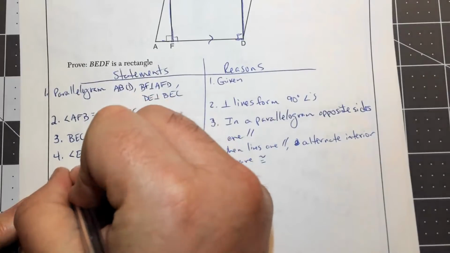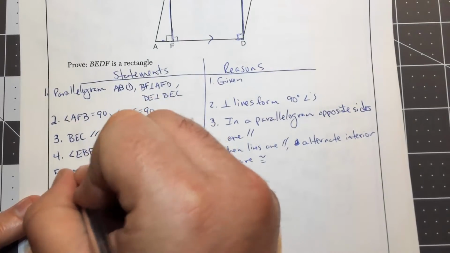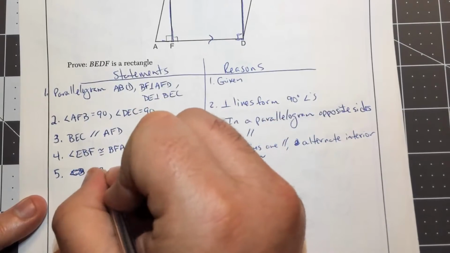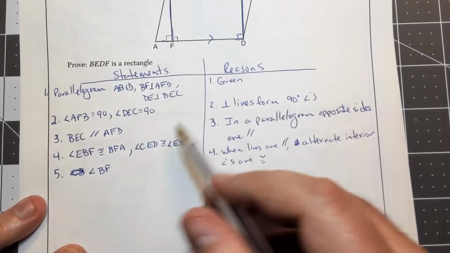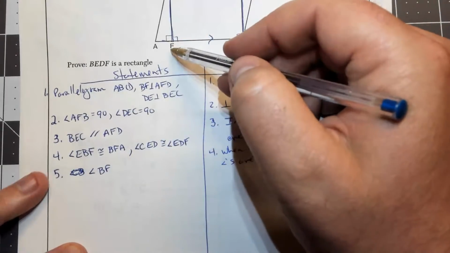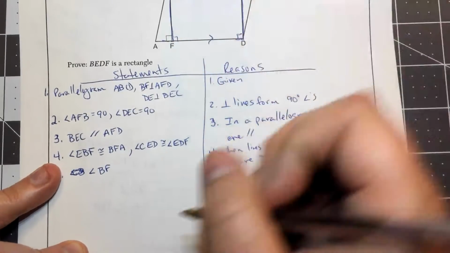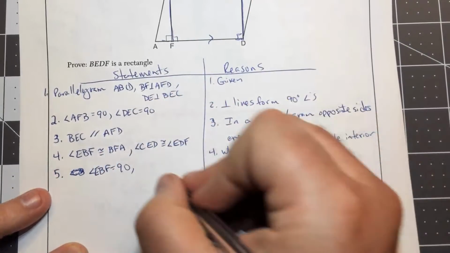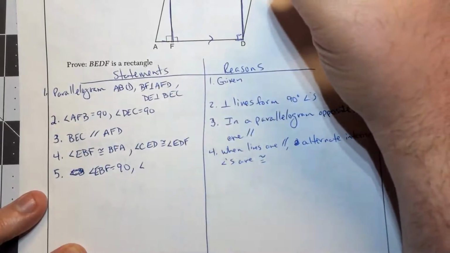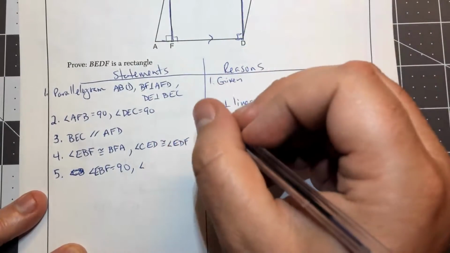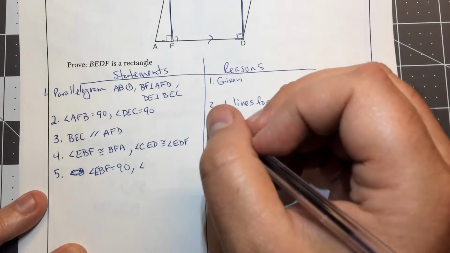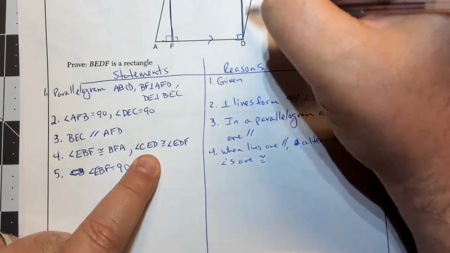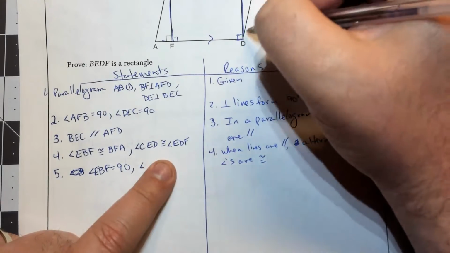So we're going to say angle B. Well, first of all, let's get the 90 in there. Angle BF. We said BFA, right? Yeah. So EBF equals 90. All right. And we got this guy, BED. What did we say before? CED and ED, yeah, EDF.